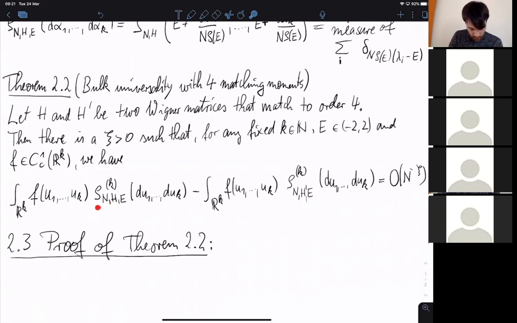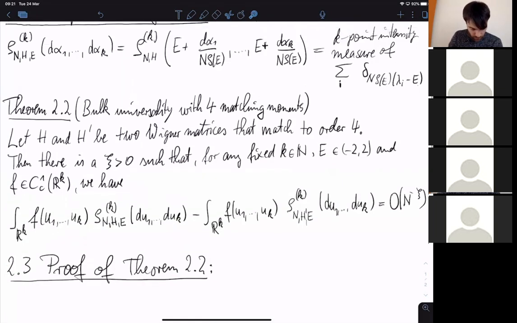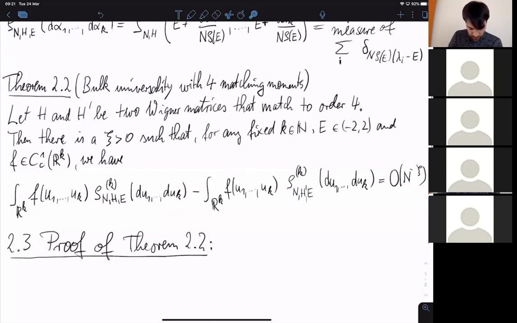If I test the local k-point intensity measure around E for H against this function f, and I compare this to the same result when I replace H by H prime, so the local k-point intensity measure around E for H prime tested against f, then this has a small error, n to the minus xi.